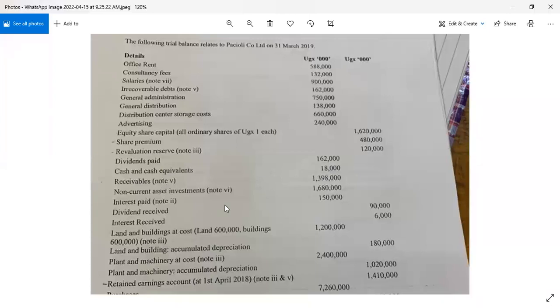Dividend received. Dividend received, you know that those are incomes. So you go under your P&L, profit and loss, under other incomes, then you say dividend received.